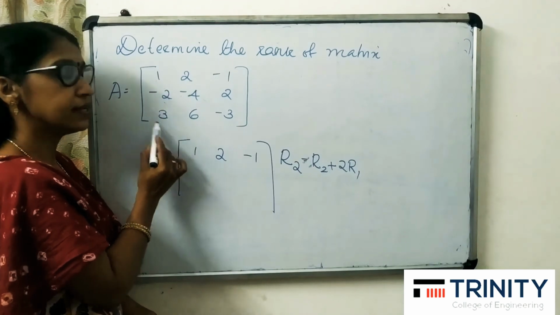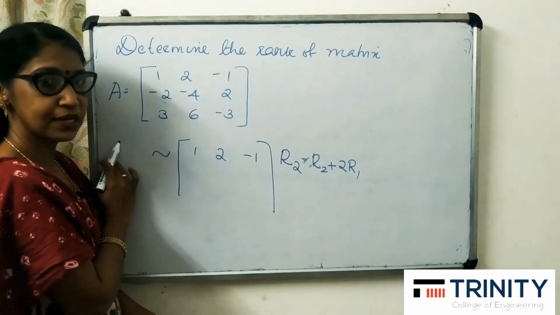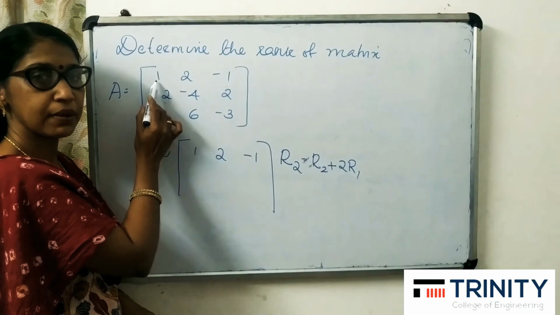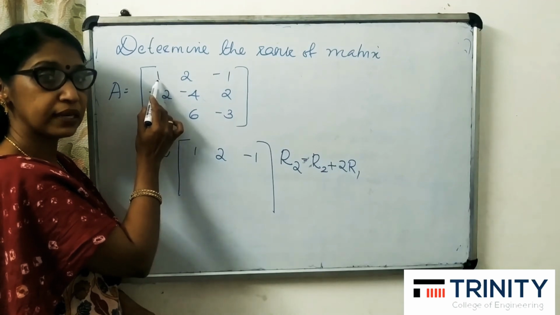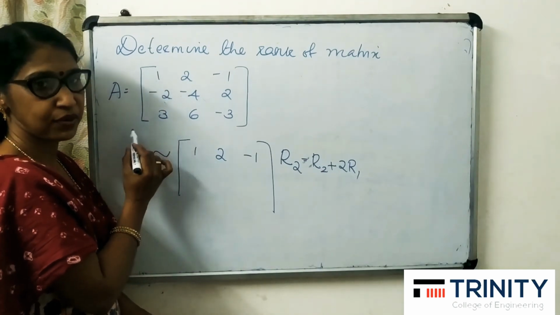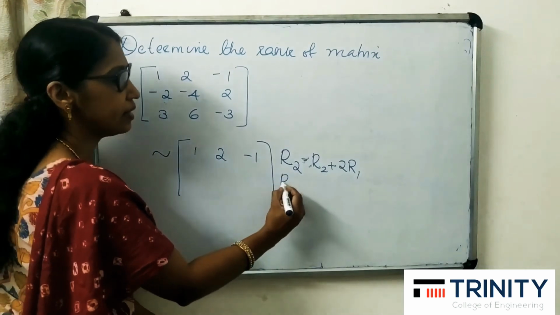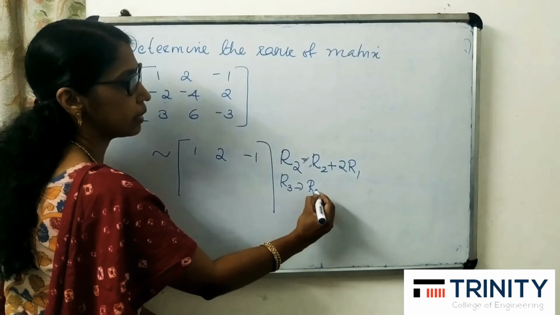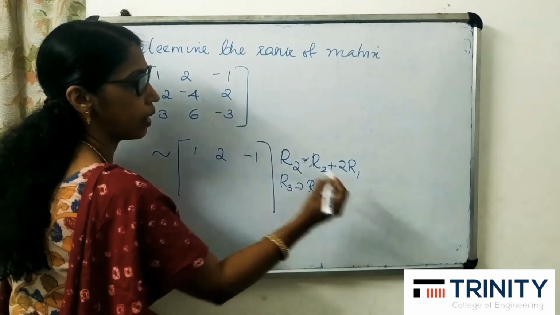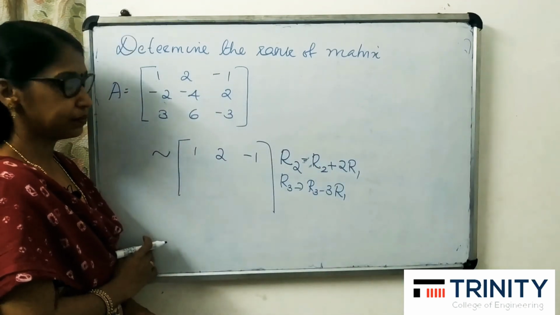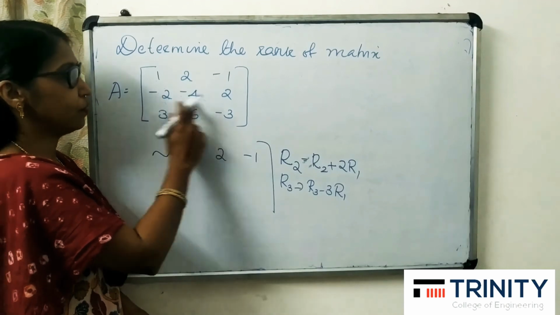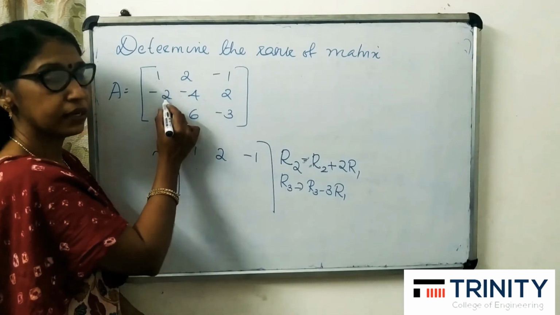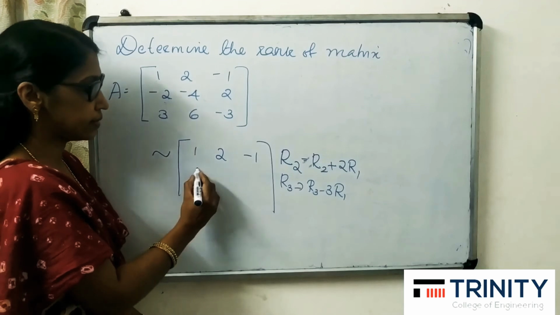Now we have to make this 3 as 0. The procedure is to multiply the first row by 3 and subtract from this row. So R3 becomes R3 minus 3R1. What is the second row? Here -2 plus 2 is 0.